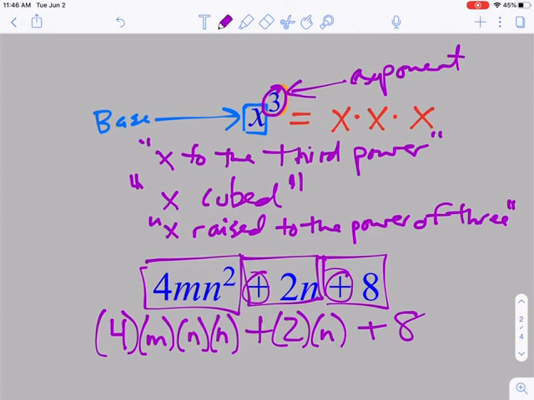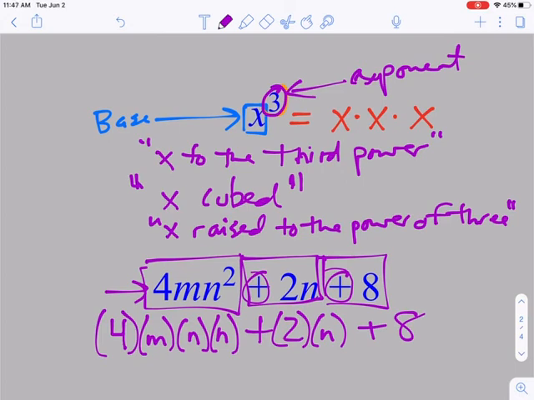So 4mn squared is a shorthand way of writing this, but know that it is a product. Whenever you have letters smushed together right next to each other, or numbers as well, that's a product. That's a multiplication thing.